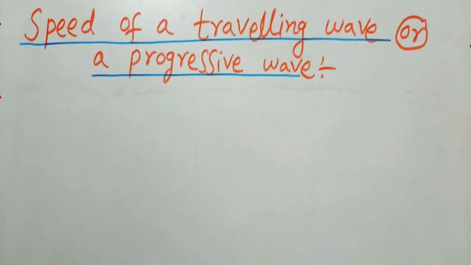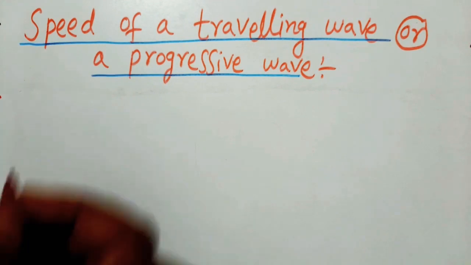The distance traveled by a wave per unit time is known as the speed of a wave.